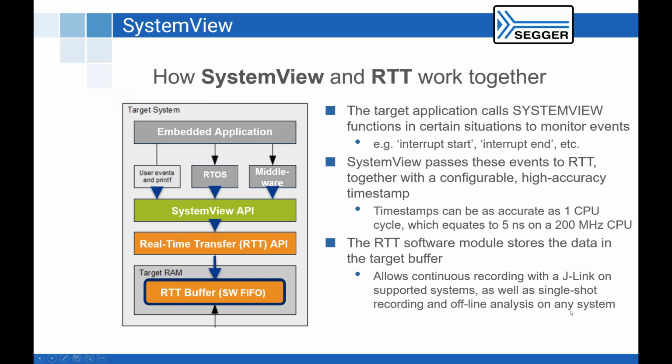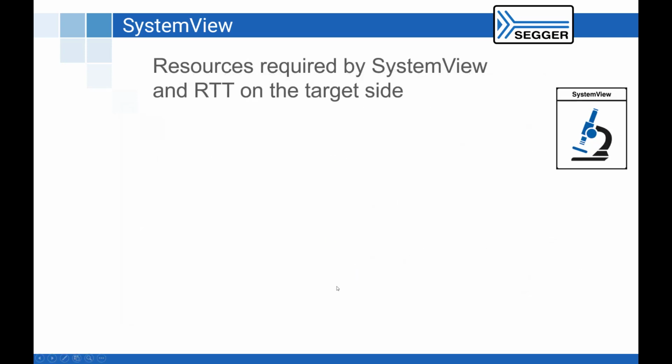There's also another mode called single shot recording, but usually the better option is to just continuously record what's going on, and then you can analyze that offline by just analyzing the recording. So this is how that works.